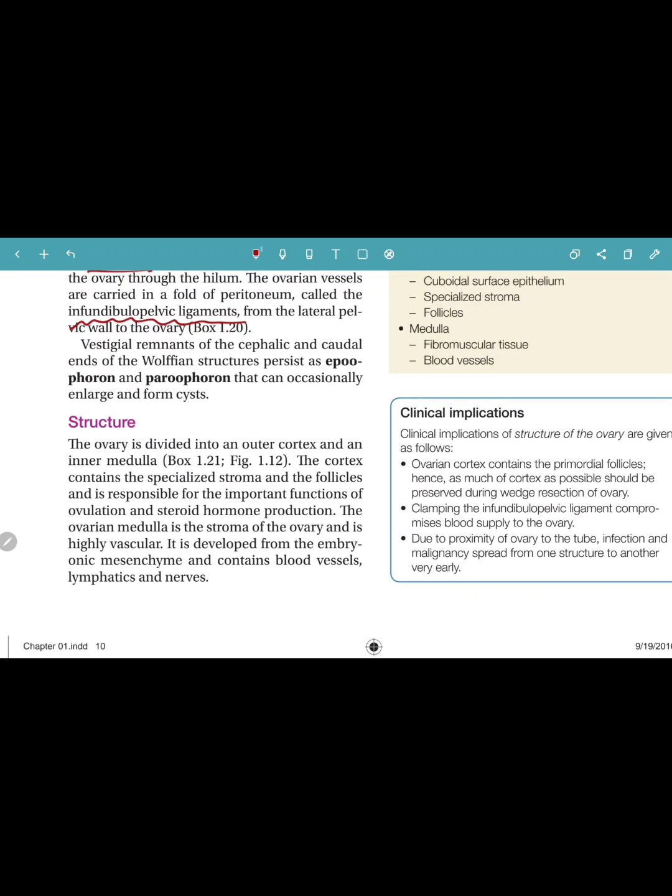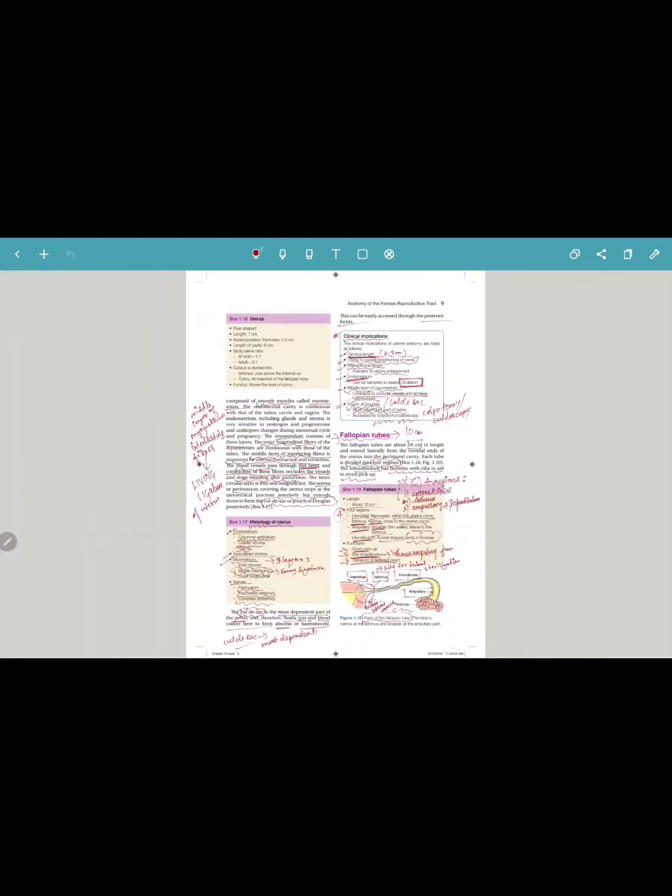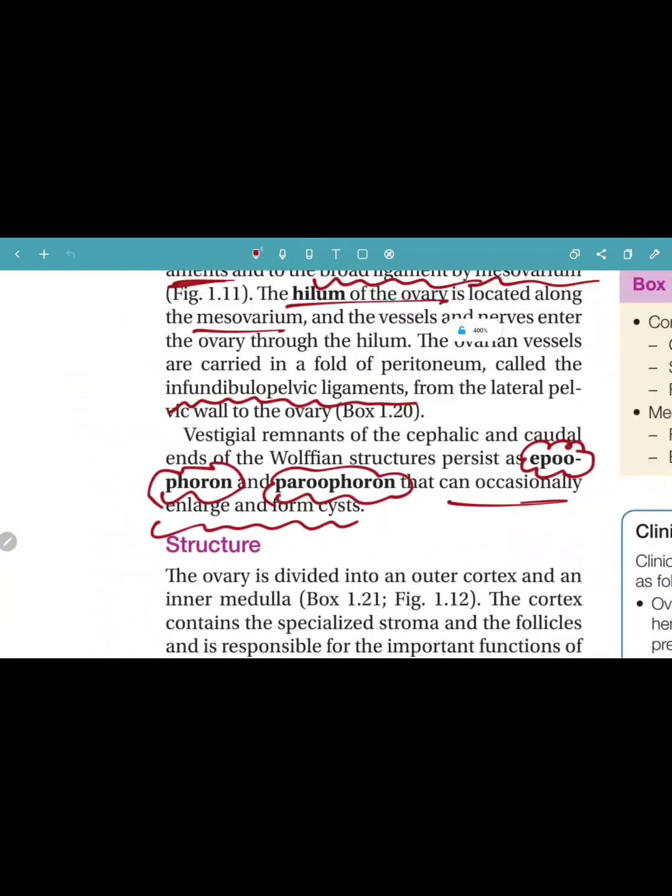Vestigial remnants of the cephalic and caudal ends of the Wolffian structures persist as hypoophoron, paraophoron that can occasionally enlarge and form cysts. Very, very important.